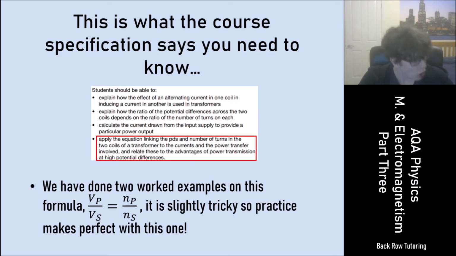If it takes multiple watches of this video, if it takes watching videos on other channels, if it takes practice with exam questions or whatever, so be it. This is probably the most difficult part of the course, and I know lots of students struggle with it, so don't worry about it, okay? Just try and get through as many questions as you can. It will come with practice.